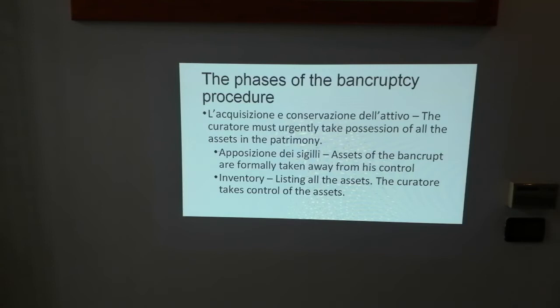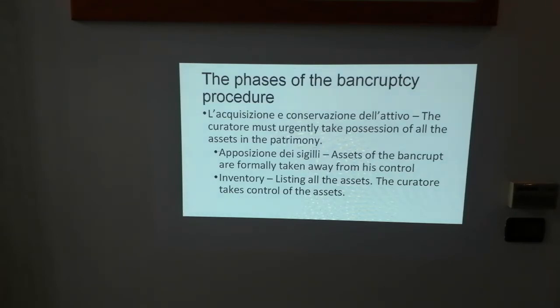Okay, the phases of bankruptcy. So the first thing for a curatore is to do this opposizione dei sigilli, which is when the assets are formally taken out of the control of the bankrupt person or organisation and put in the control of the public administration in the form of the curatore.